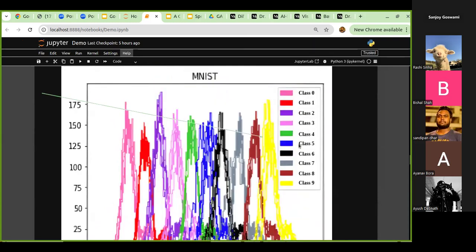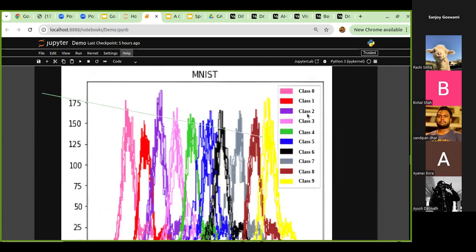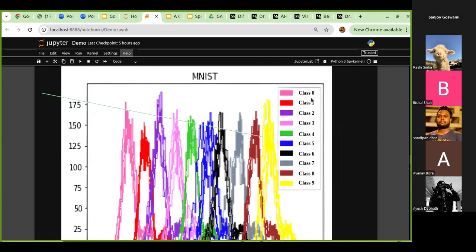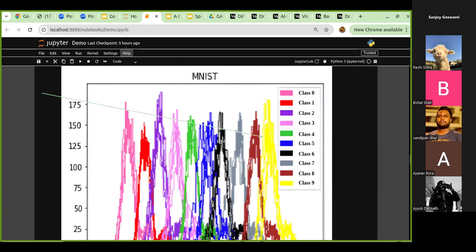Now, if you try to draw the distribution of MNIST digit data, which is numbers from 0 to 9, you will get multiple peaks. Each peak basically indicates the distribution of a particular numerical digit present in your data set. If this kind of multimodal distribution is present in your data set, it becomes very difficult for the GAN model to replicate the exact distribution.